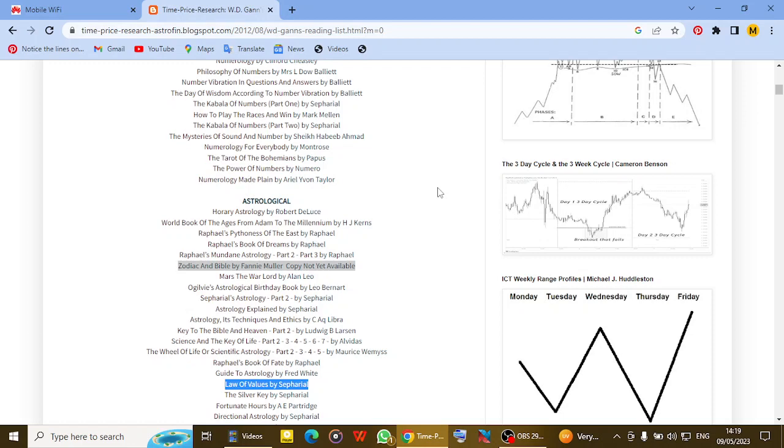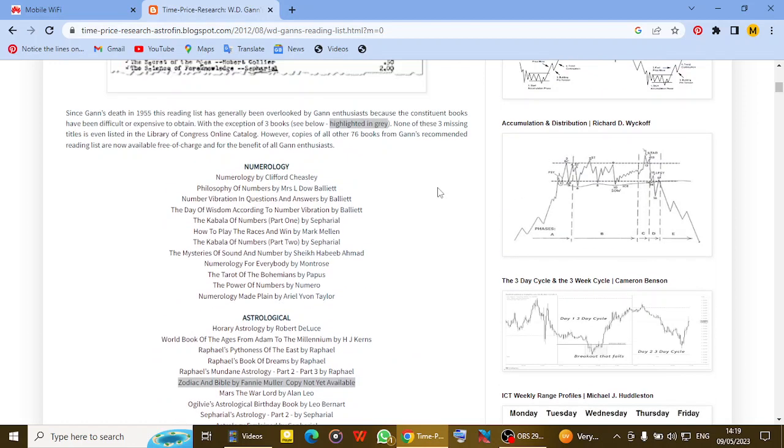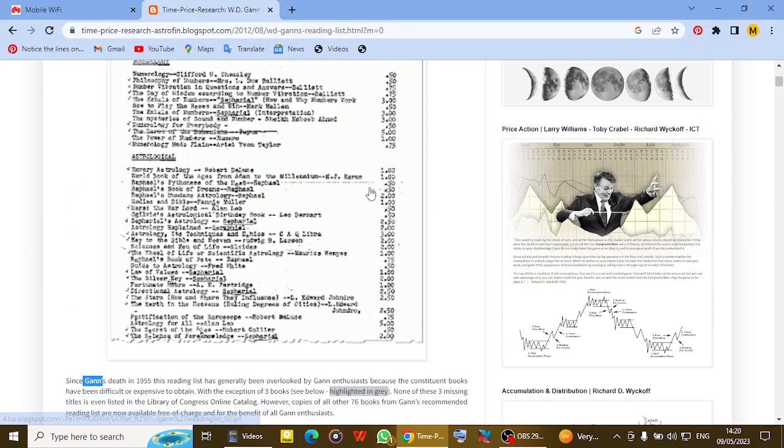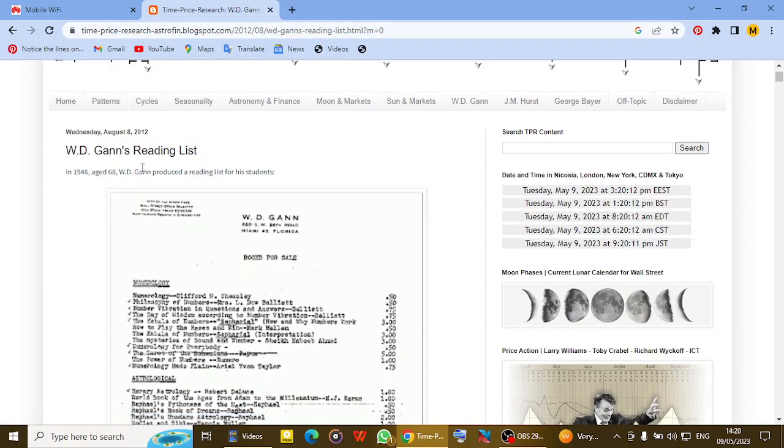The one person that you shouldn't forget is W.D. Gann himself. Please read the books that he has authored. It's a must. He didn't recommend his own books, but please make sure that you read them. In those books, he might recommend a book or talk about someone. Please make sure that you look them up and read the books.